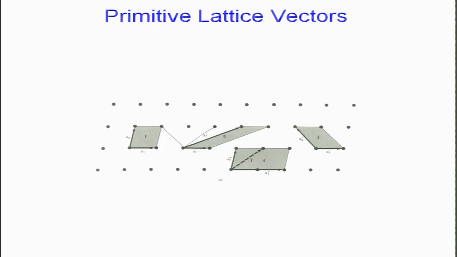This is also a non-primitive unit cell. This could be a lattice vector, that could be a lattice vector. So what I am trying to emphasize is that when you choose a particular primitive unit cell, the choice of primitive unit cell vectors is multiple, provided those vectors always give you a primitive unit cell of the same type, of the same area.